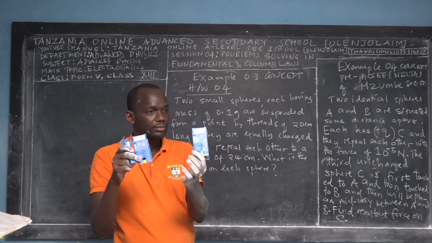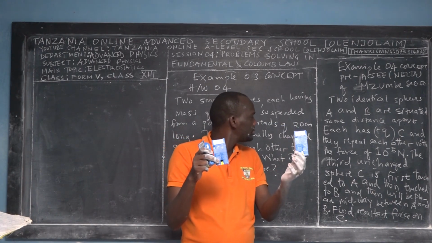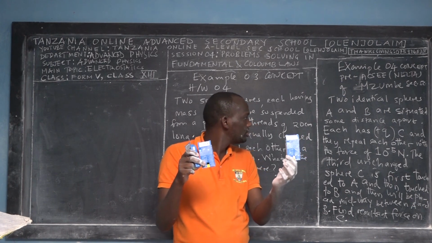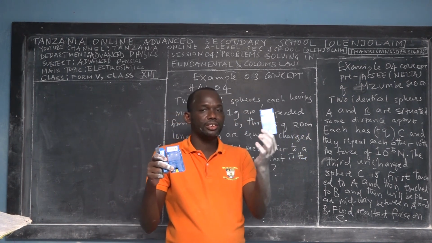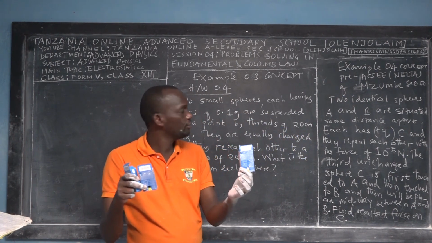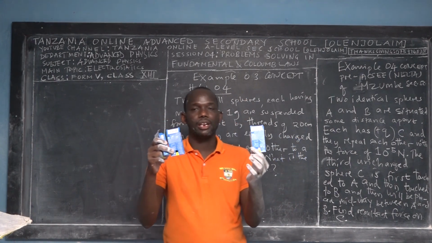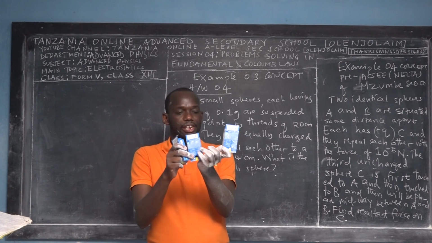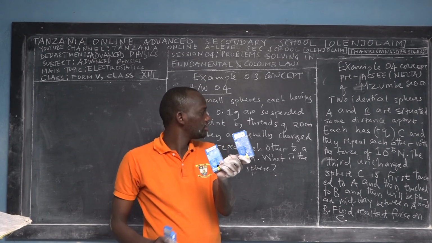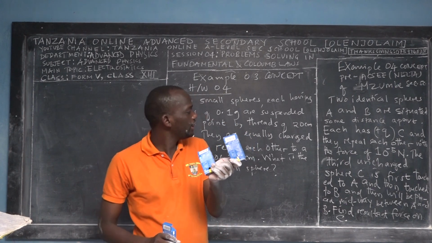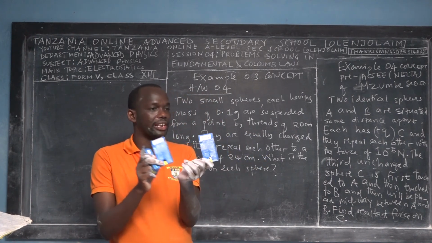So this is the distance that separates them. This is positive Q and this is positive Q. So what happens there? These positive charges repel each other, and they repel each other with the force of 10 × 10^-5.